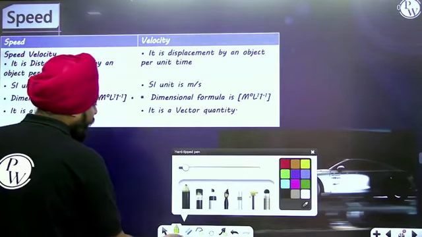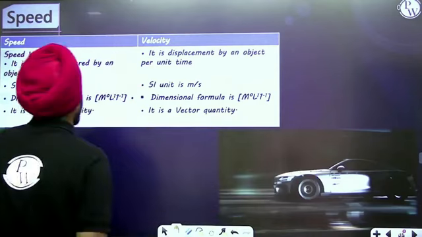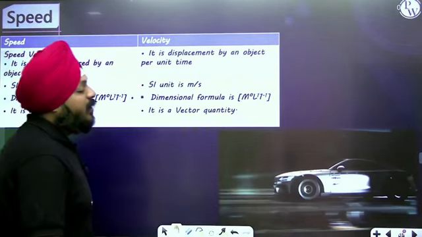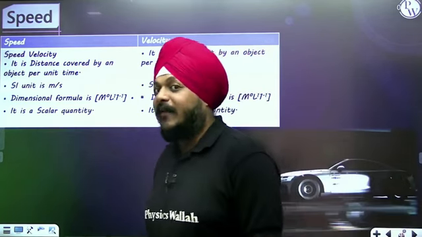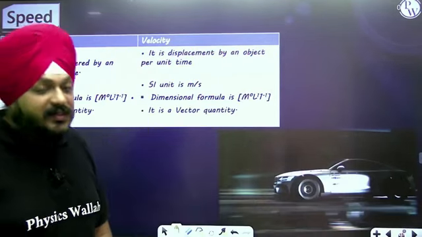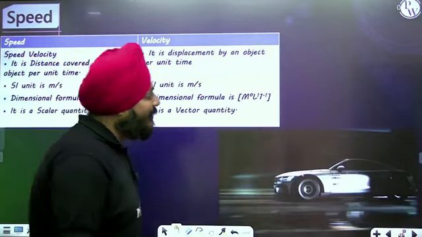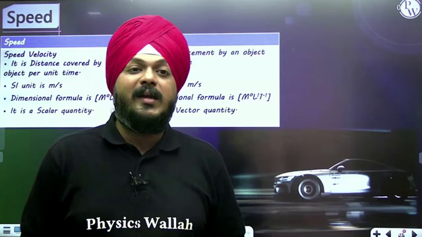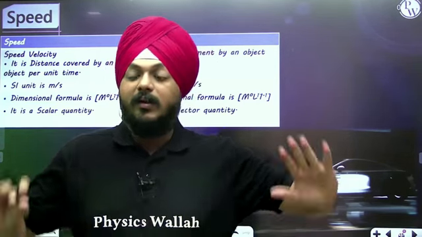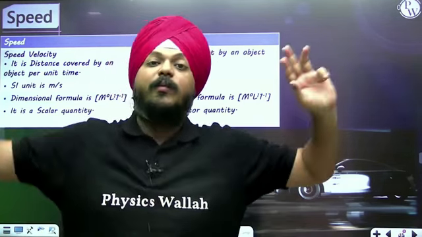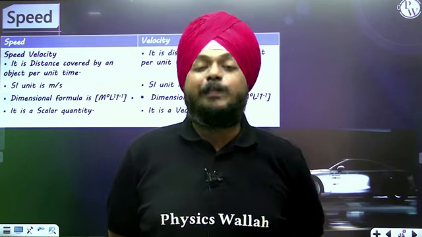Let's move on to the next parameter of the motion. See, the parameters we are going to discuss: speed, velocity, average speed, average velocity, instantaneous speed, and instantaneous velocity. Rather than having an individual discussion on each specific motion parameter, I'm going to show you 3 differences. The first will be the difference between speed and velocity.